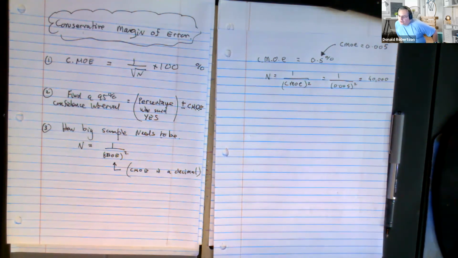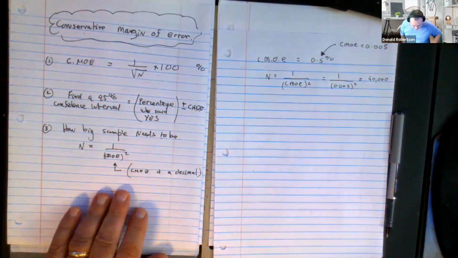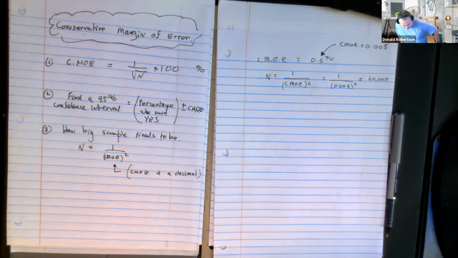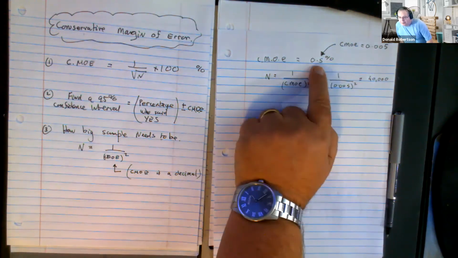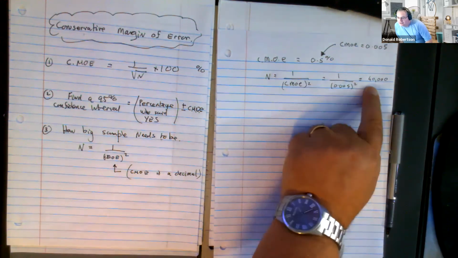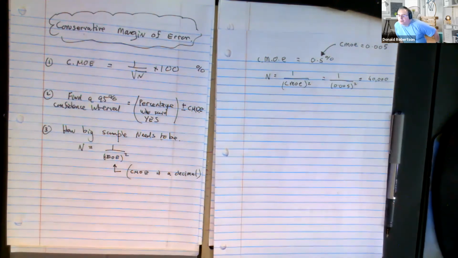Are you going to vote for a Republican? Are you going to vote for a Democrat governor? Are you going to vote at all, right? Do you like beer? It doesn't matter what the question is. If you want to do one of these confidence intervals and you want a margin of error that's within 0.5%, you will need to ask at least 40,000 people.